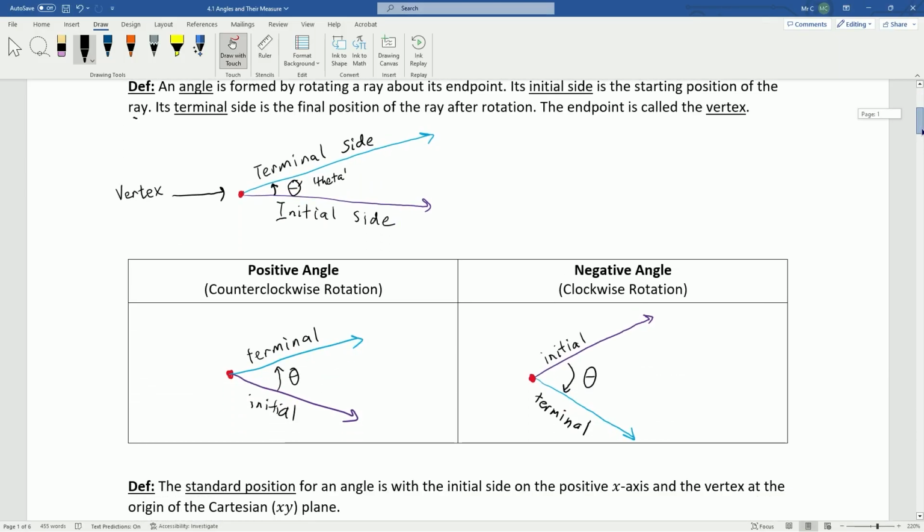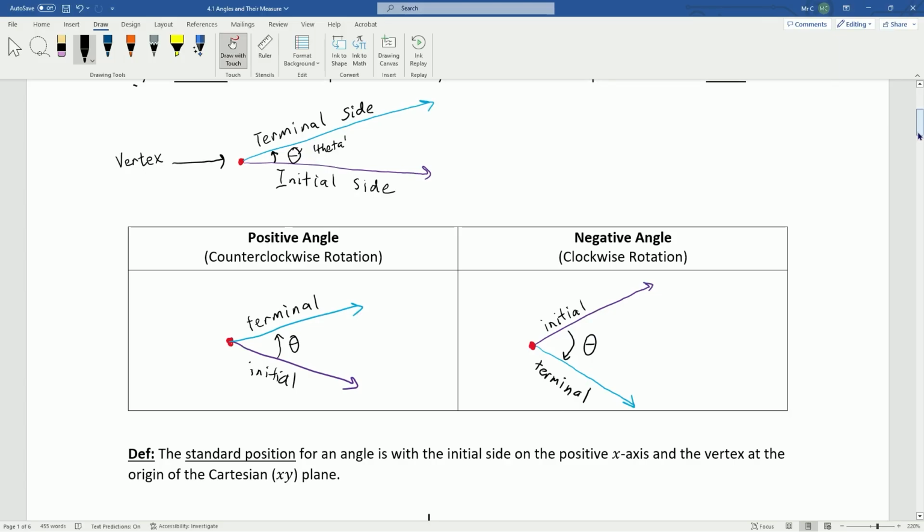Okay, so our convention for angles is that we call counterclockwise rotation positive. So our angles are positive when we're rotating counterclockwise. And that's just because it aligns with the way we draw graphs.